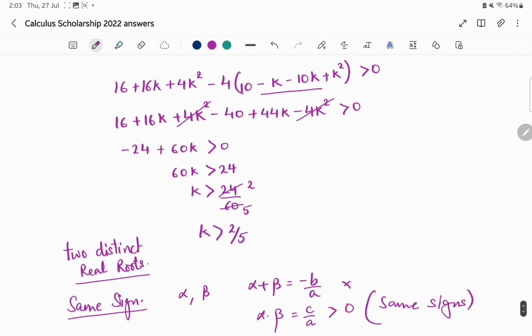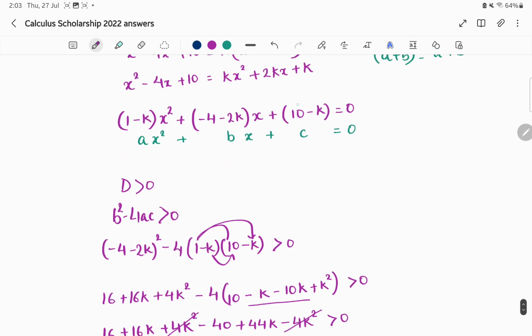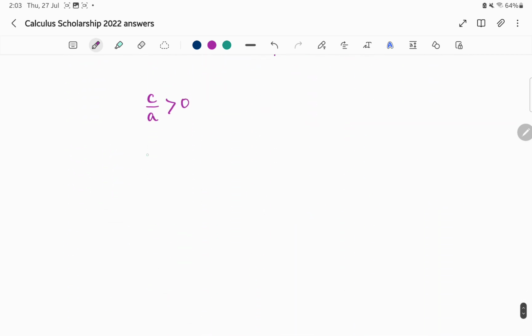All right. So here we will now do c over a is greater than 0. So if we go back to the equation, we have c is equal to 10 minus k and a is equal to 1 minus k. So 10 minus k over 1 minus k is greater than 0. Now for this whole expression to be greater than 0, we need both numerator and denominator to be either positive or both to be negative, right?